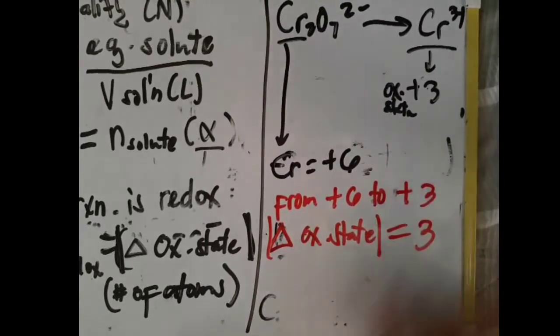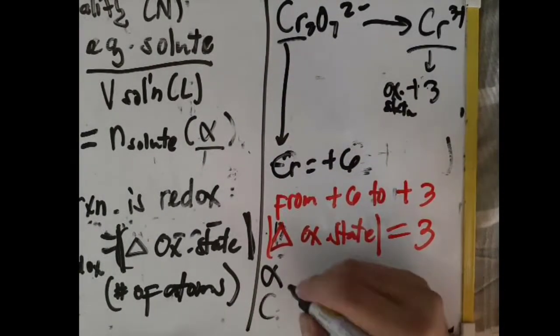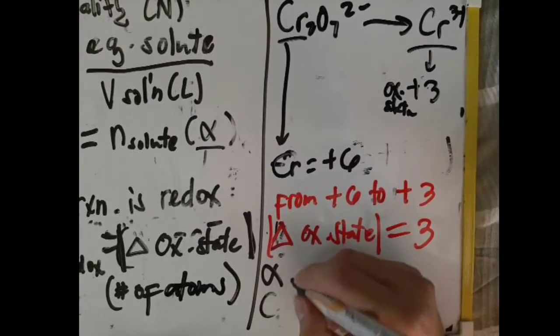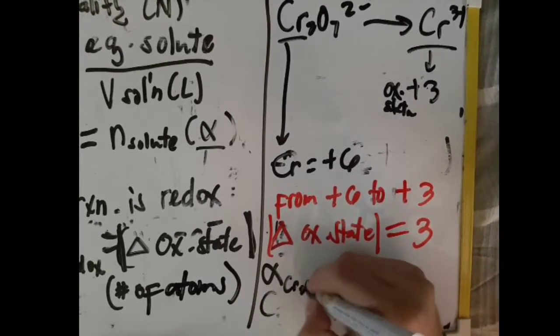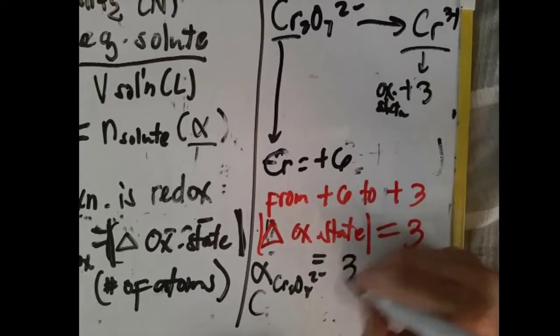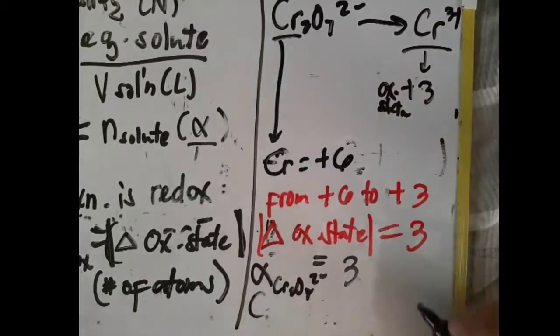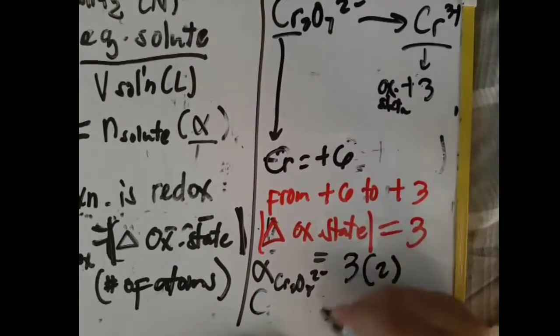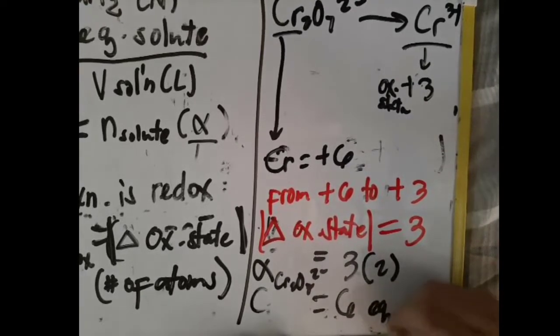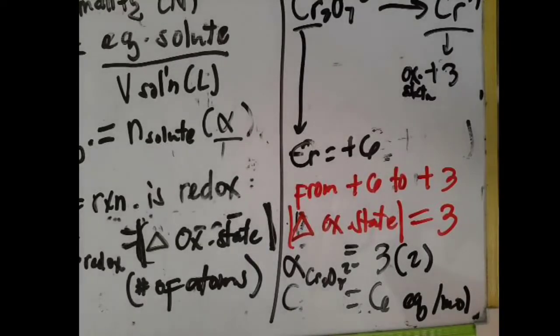That will be 3, okay? So the alpha, or the number of reacting units for dichromate, is equal to 3, which is the change in oxidation state, multiplied by how many chromium atoms there are in dichromate, which is 2, which equals 6 equivalents per mole. This is the same answer that we obtained using the first definition of the alpha in the redox reaction.